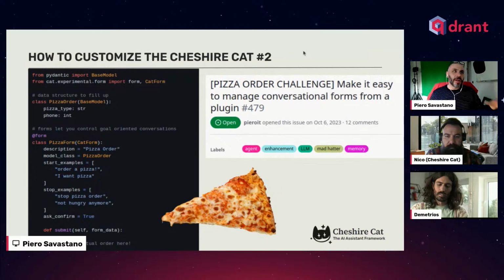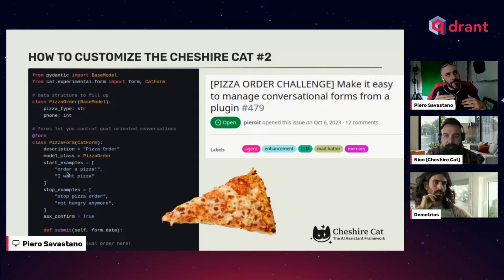And the result of this challenge is this spec where you define a Pydantic model in Python, and then you subclass the pizza form, the cat form from the framework, and you can give examples of utterances that trigger the form, stop the form, and you can customize the submit function and any other function related to the form. So with a simple subclass, you can handle pragmatic, operational, multi-turn conversations. And I truly believe we are among the first in the world to build such a spec.